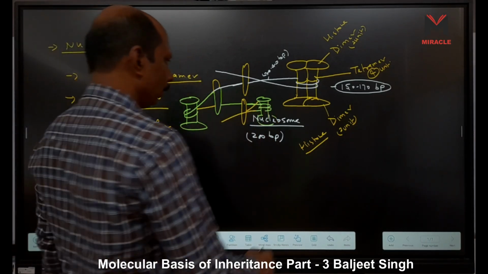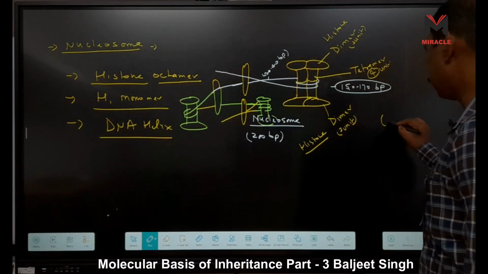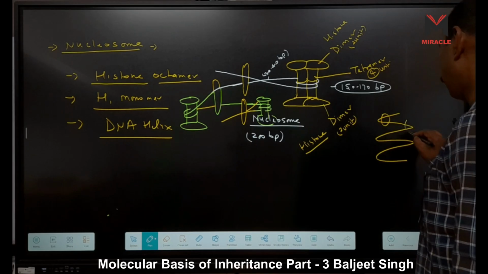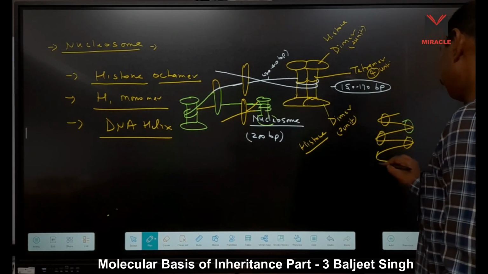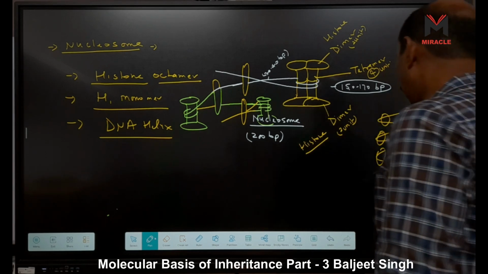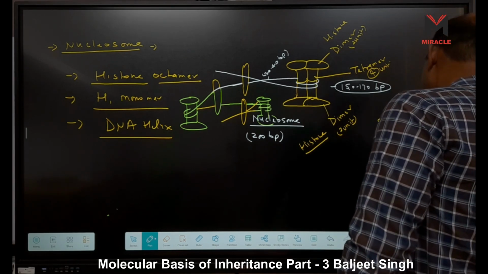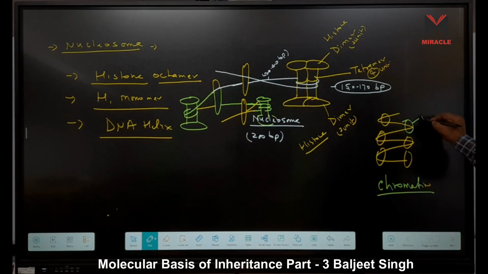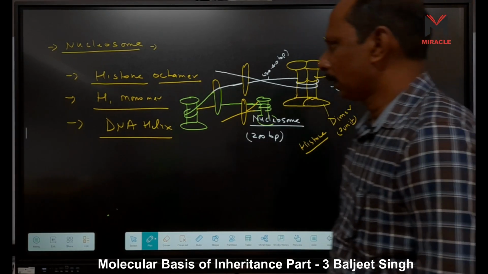So when we see, we understand that this type of structure is formed, and this structure is called chromatin, and these are called beads on a string, right?